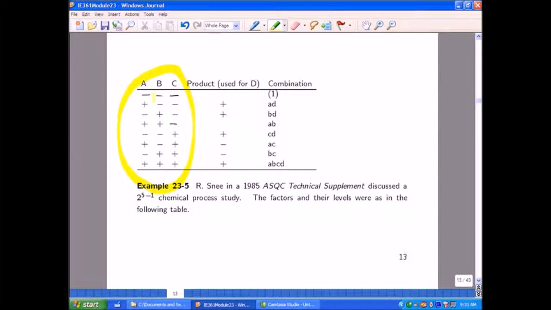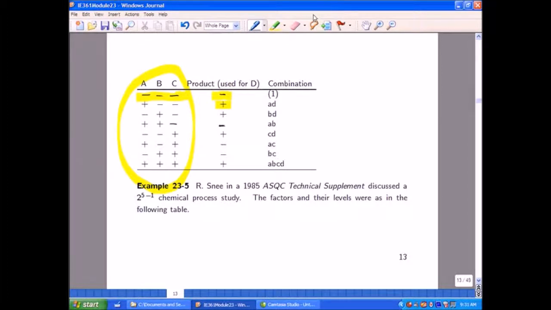If I multiply together along this first row 3 minus 1s, I'm going to get another minus 1. If I multiply across the second row a plus 1 and 2 minus 1s, I'm going to get a plus 1. If I multiply along the fourth row here, 2 plus 1s and a minus 1, I'm going to get a minus 1, and so on.